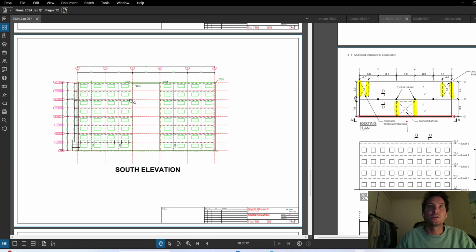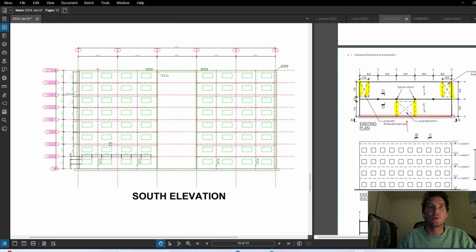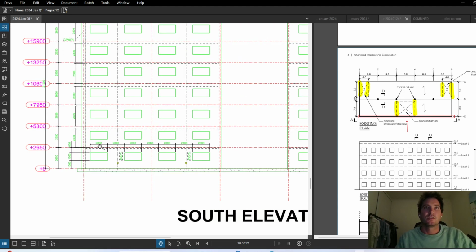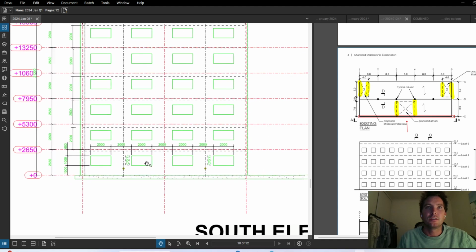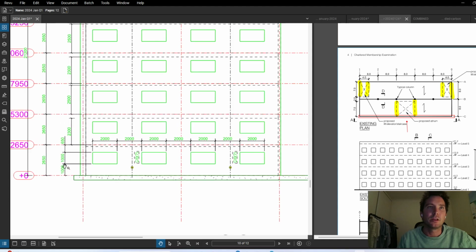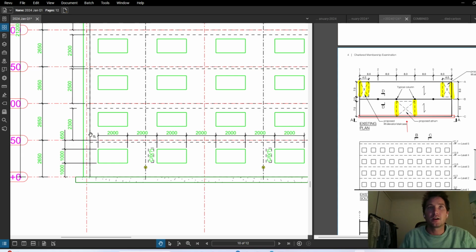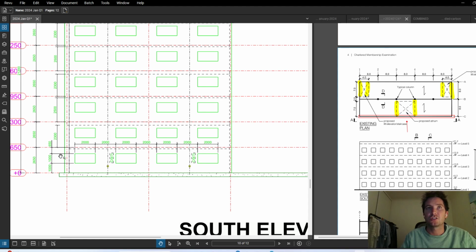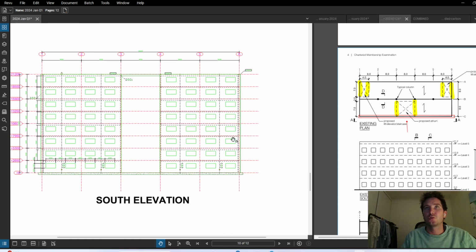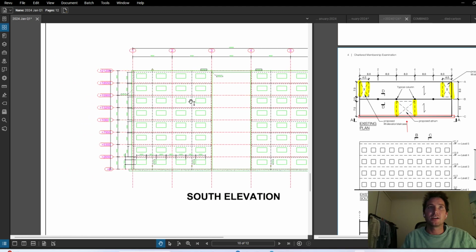If we move to the next page, we've got the south elevation. And remember, we had those geometry requirements on the windows, where they had to be 1 meter above the floor levels, 1 meter high, 2 meters wide, and then about 2 meters apart. So I've just dimensioned that and drawn those on one south elevation.